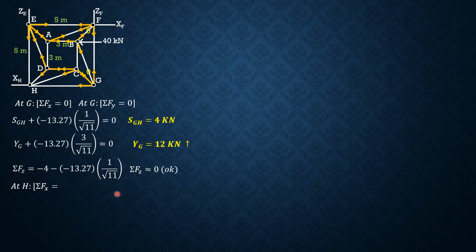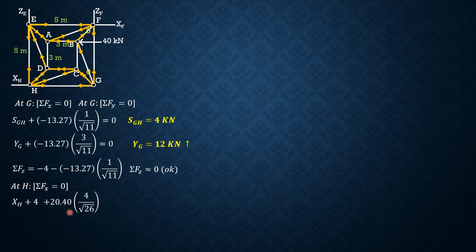At H, summation forces X equals 0. Let's assume XH is rightward. So XH, those are the forces involved. XH plus GH, which is 4, plus CH times 4 over square root of 26.